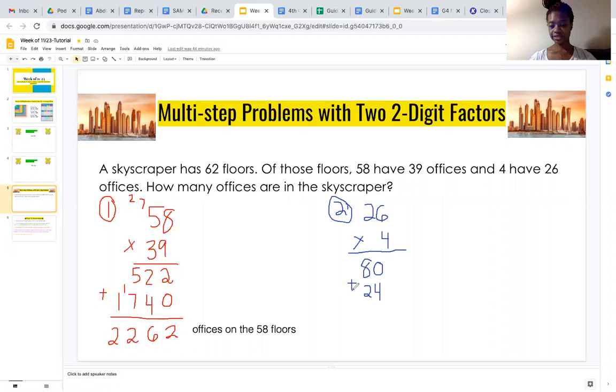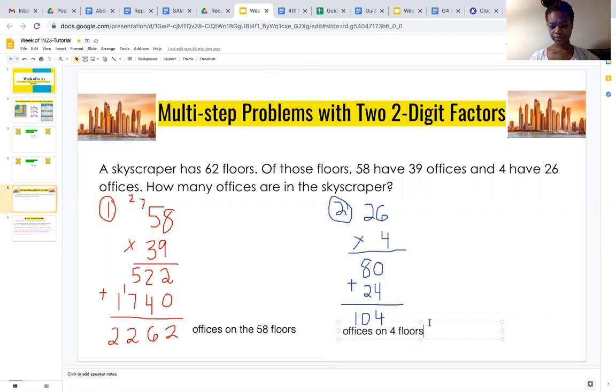So this tells us that on the 4 floors, right, or 4 of the 62 floors have 104 offices. So I'm going to make a note of that. So offices on 4 floors.